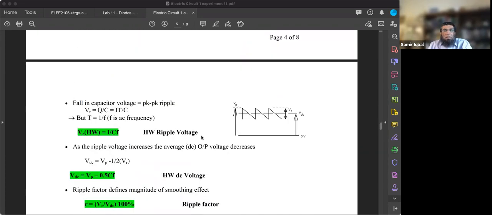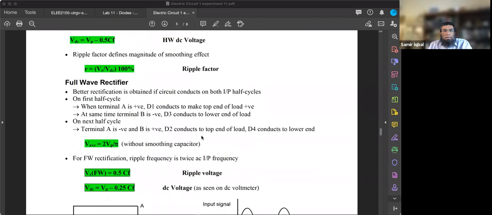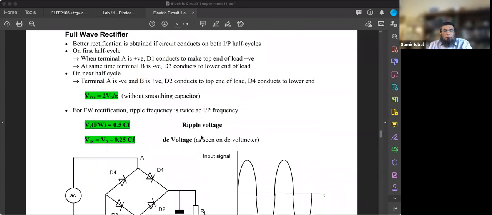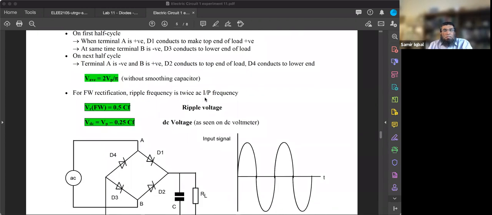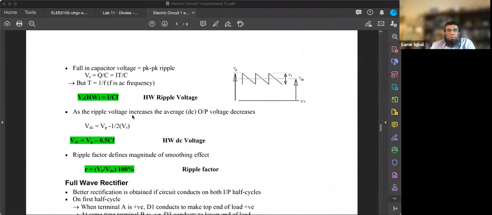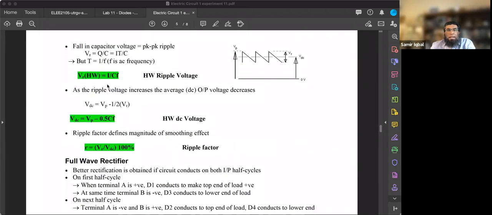So we get the ripple for the full wave rectifier as 0.5 CF, the same combination as before. But here it was I over CF.